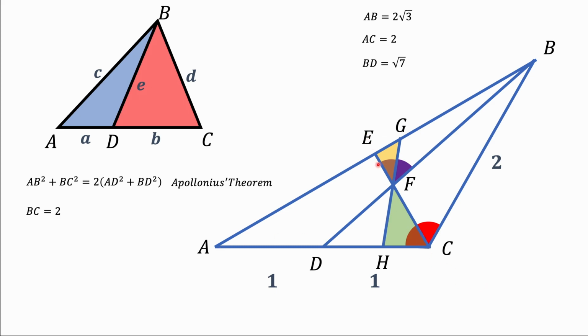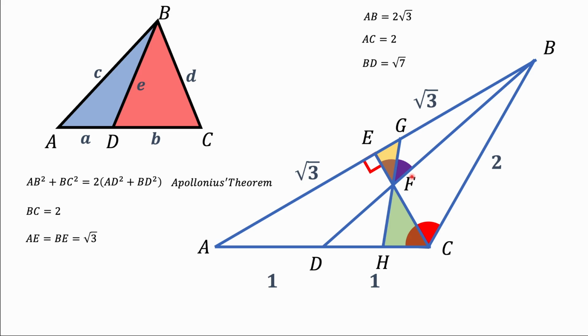And CE in this case is an angle bisector, but it's also going to be a median. So AE will be equal to EB and equals square root of 3. And also CE will be an altitude. Since CE is a median, and BD we know is a median, that means that point F is the point of intersection of the medians, which is called the centroid.